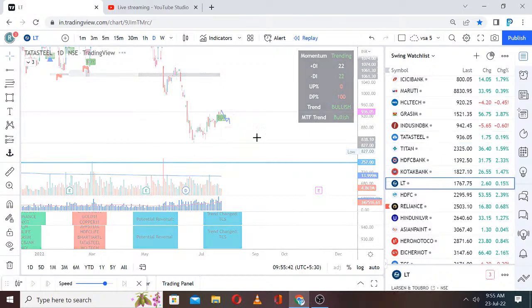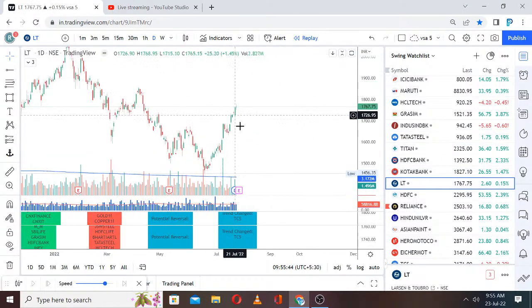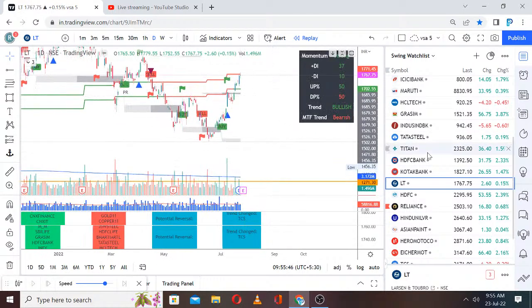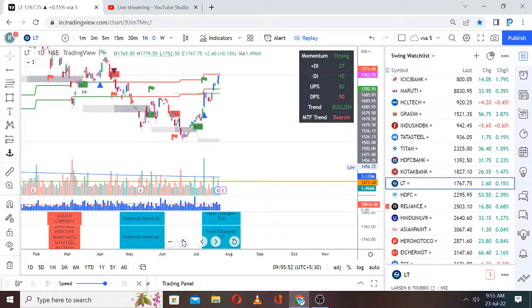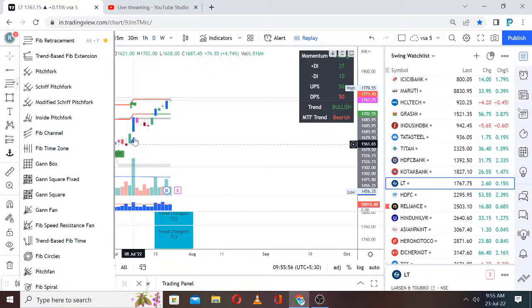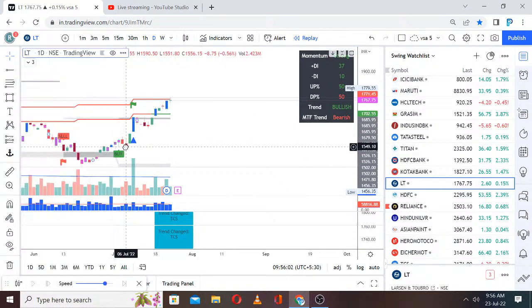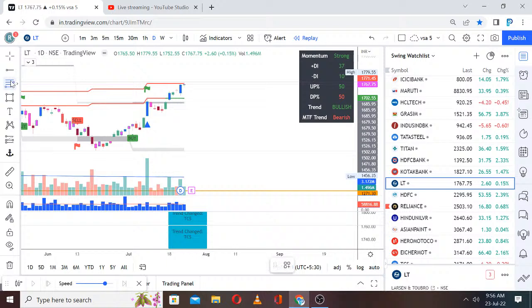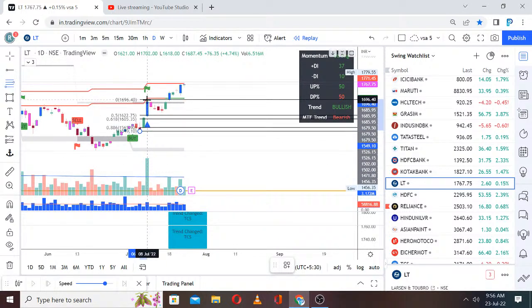Let's see an example of daily. Here you can see, swing low is the low below the blue line, right? This is the swing low, this is the swing high.